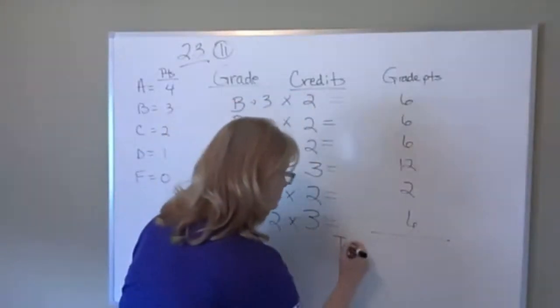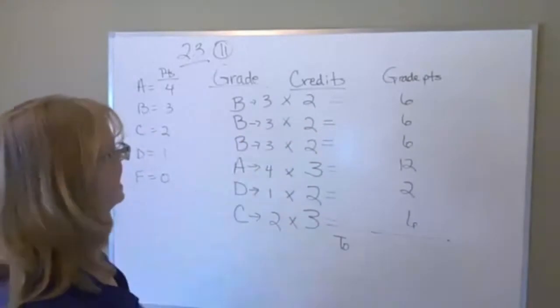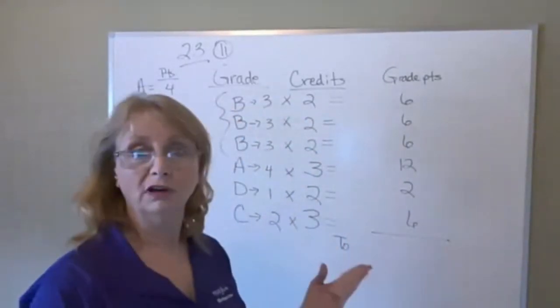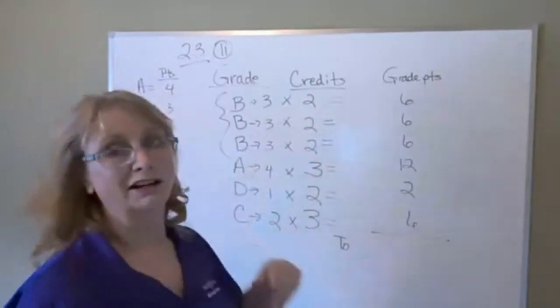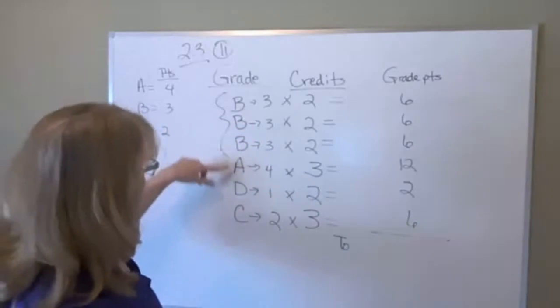Now when I add those up, so I just did these multiplications, guys. So I did the value of the grade times the number of credits for each class, and I had to be careful with this because they told me there were actually 3 2-credit classes in which the student made Bs. The student took a lot of classes.